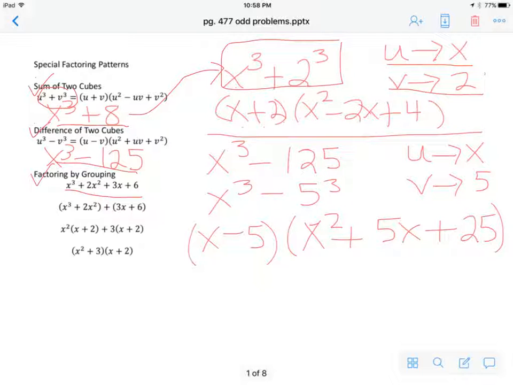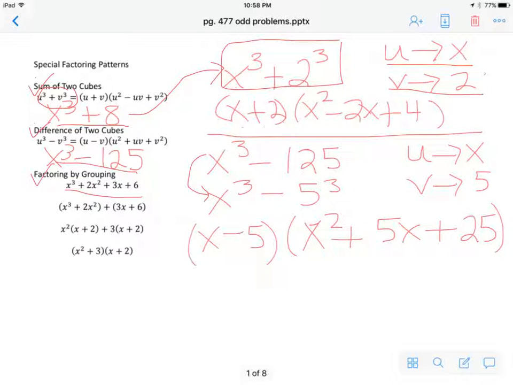When it's a difference of two cubes, notice this problem, x cubed minus 125. That one's a difference, so now we follow the other pattern. By the way, the two are very similar, and that's why this pattern is so wonderful: as long as you know which one is a sum and which one's a difference, you just plug it into the pattern. We would write x cubed minus 125 as x cubed minus 5 to the third power.